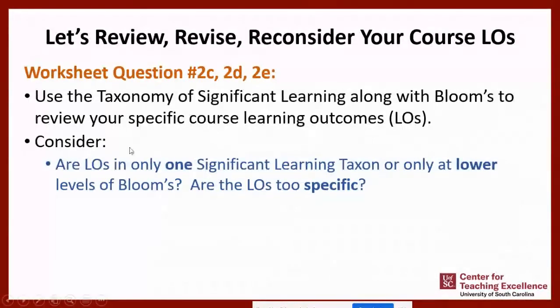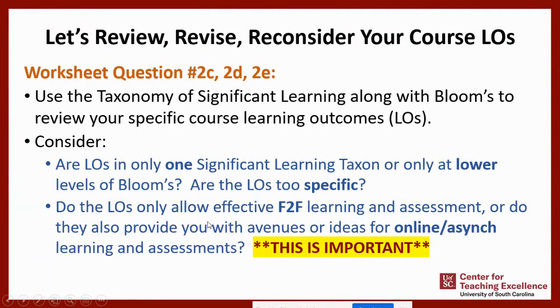So always consider whether LOs address one significant learning category or only one level. Are they too specific? It's important that your learning outcomes have ways to do both face-to-face and possibly online, should we need to pivot for a couple of weeks to online learning.